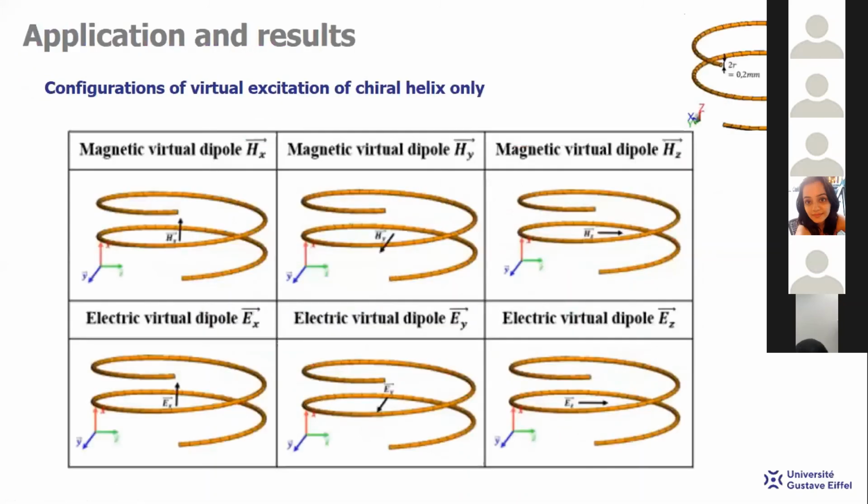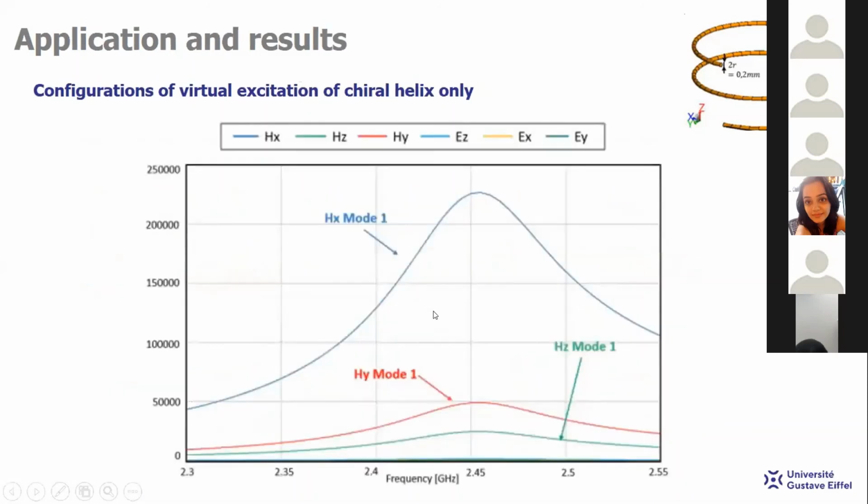To better understand how to excite the structure, we now propose to study six different configurations of virtual excitation: virtual dipoles, magnetic and electric, in the direction of X, Y, and Z for both the magnetic virtual dipole and the electric virtual dipole. Here are the results of the modal significance coefficient for the six configurations.